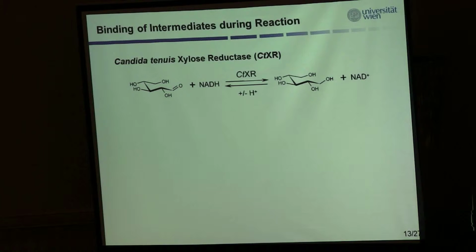now in one example the use of in situ and STD NMR for this enzyme, the Candida tenuis xylose reductase, which reduces the aldehyde form of xylose to the corresponding alcohol, and it uses therefore NADH or also NADPH as source for the hydride.